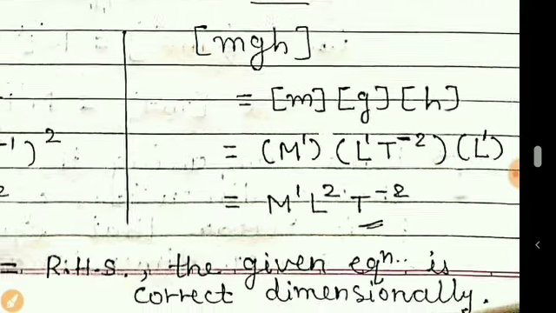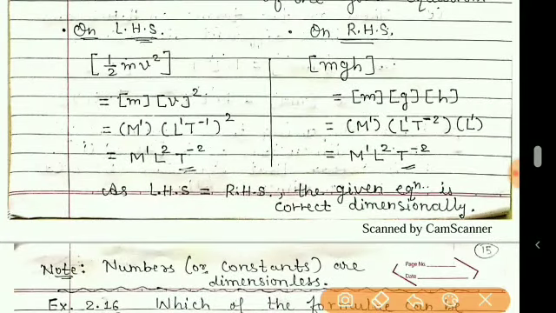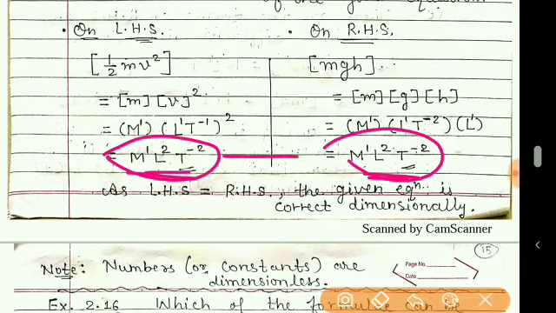Now you can see here both the left hand side and the right hand side have the same dimensions, and so we can say that the given equation is dimensionally correct or a dimensionally valid equation.